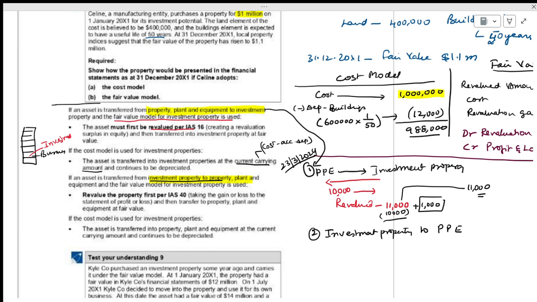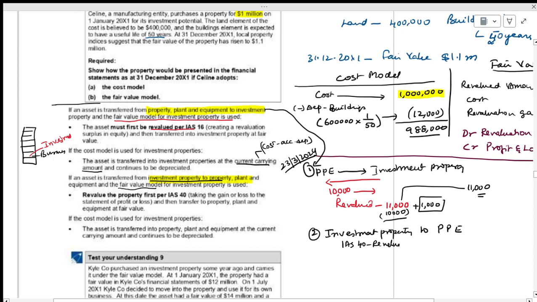What is the rule for investment property to property, plant and equipment under the fair value model? If the fair value model is used, first you have to make the revaluation as per IAS 40.